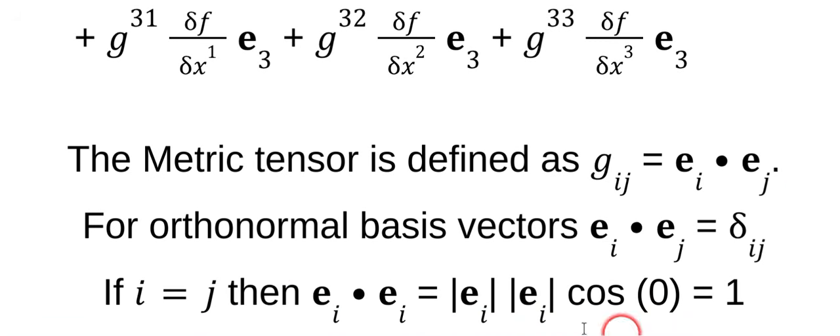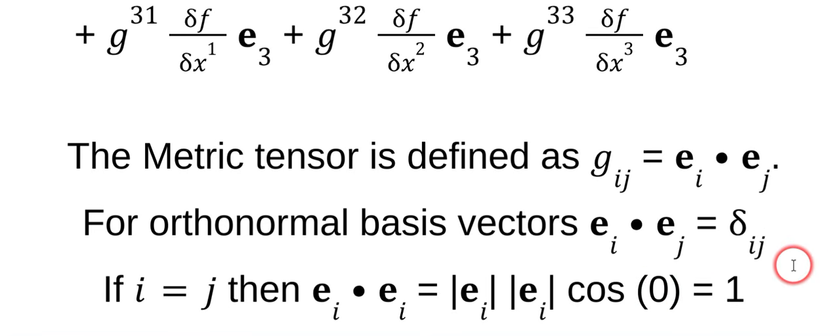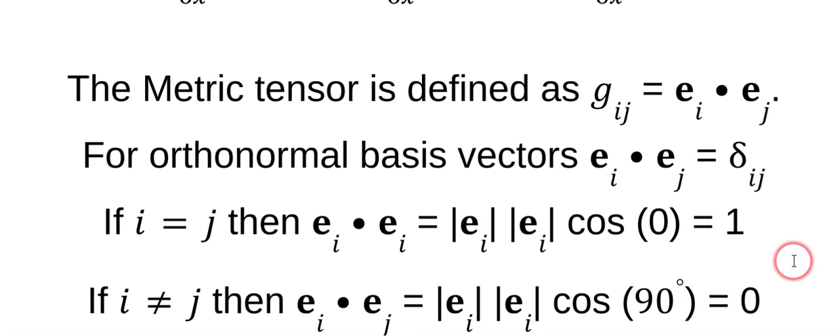If i equals j, then you've got e_i dot e_i. You know the magnitude of these because they're normal, so it's 1. And the cosine of the angle between them, well, they're on top of each other, so the angle is 0, and cosine 0 is equal to 1. If i does not equal j, then you still have the magnitude, 1 times 1. But the angle between them is 90 degrees because they're orthogonal. So the cosine of 90 is 0.